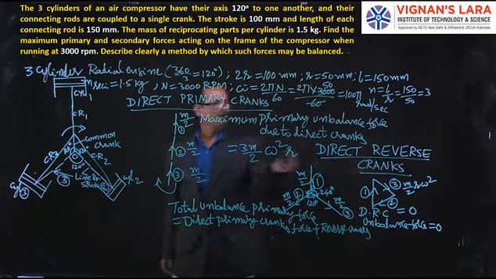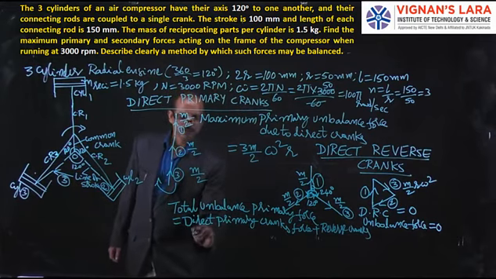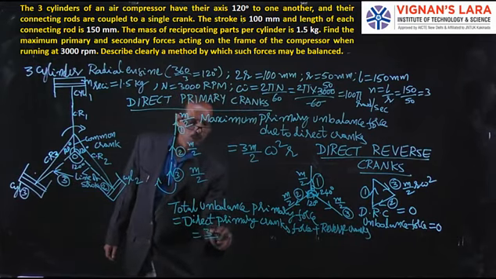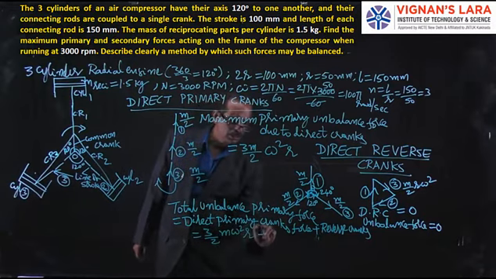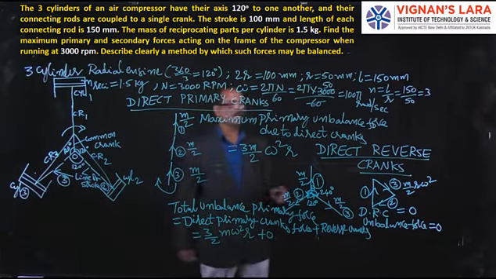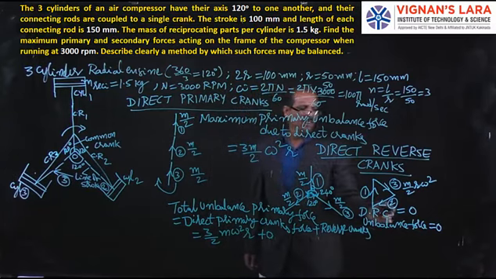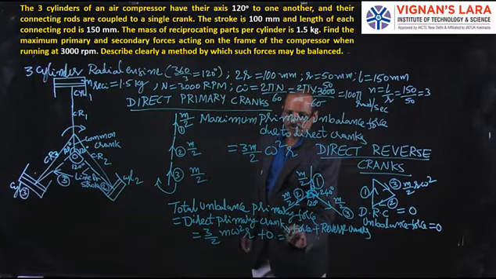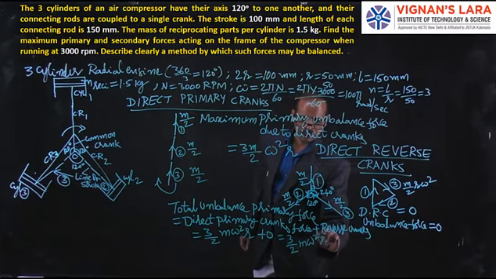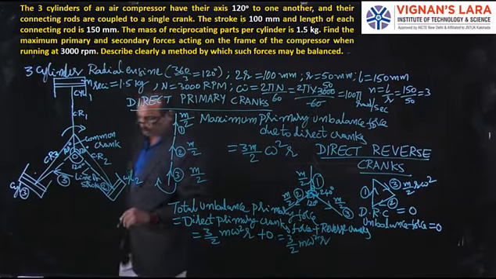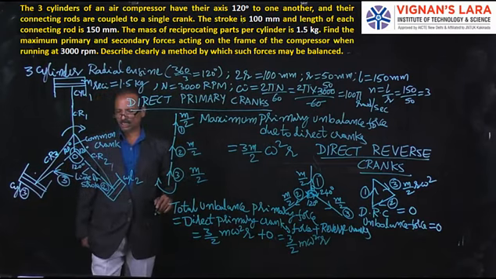So direct primary cranks is 3 by 2 m omega square r, and this is reverse crank. Direct reverse cranks is 0. So net is 3 by 2 m omega square r. So the net force is 3 by 2 m omega square r.